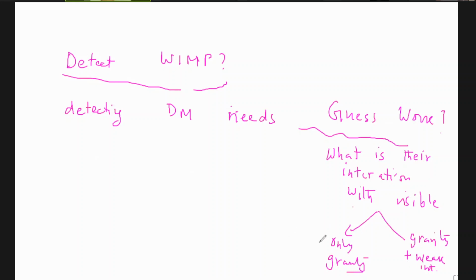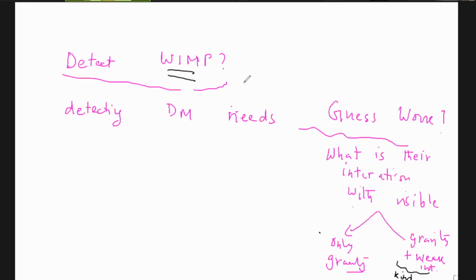So this is a very bad situation, because you will never know what dark matter is. You will only feel their gravity. But if this is the right one, then nature is kind to us. And that's the hope people started building this WIMP.